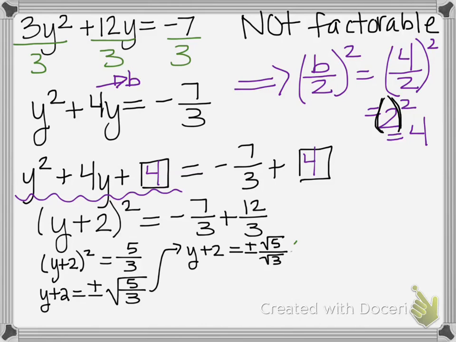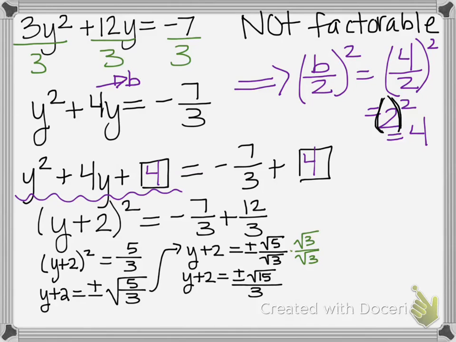I'm going to multiply, I'm sorry, not multiply both sides. I'm going to multiply the top and the bottom of this fraction by the square root of 3. So that is going to give me y plus 2 equals plus or minus square root 15 over 3.